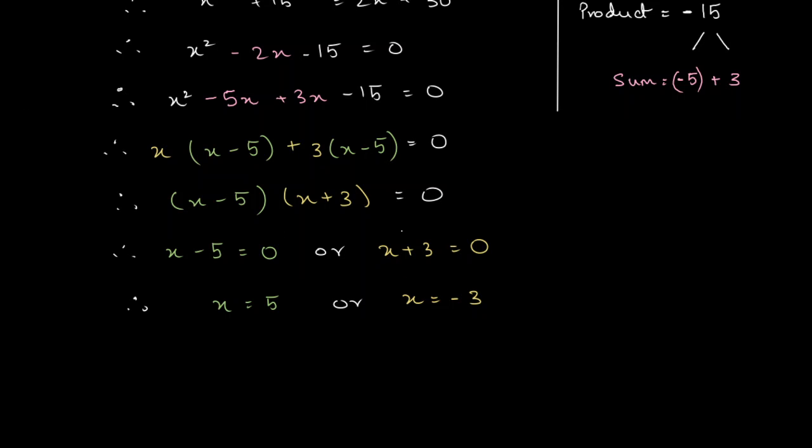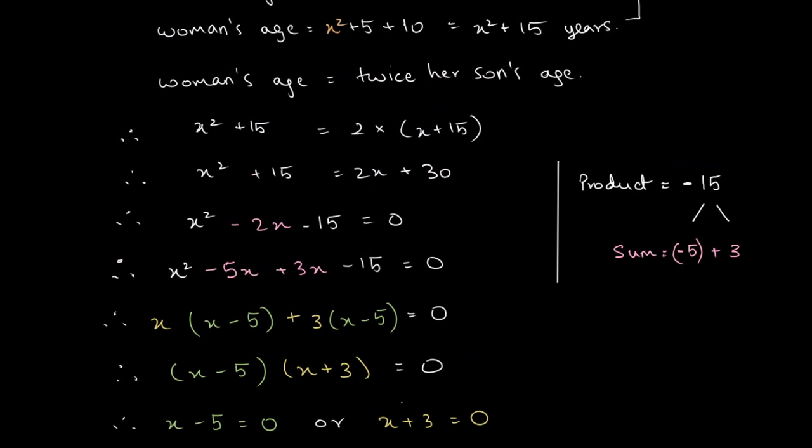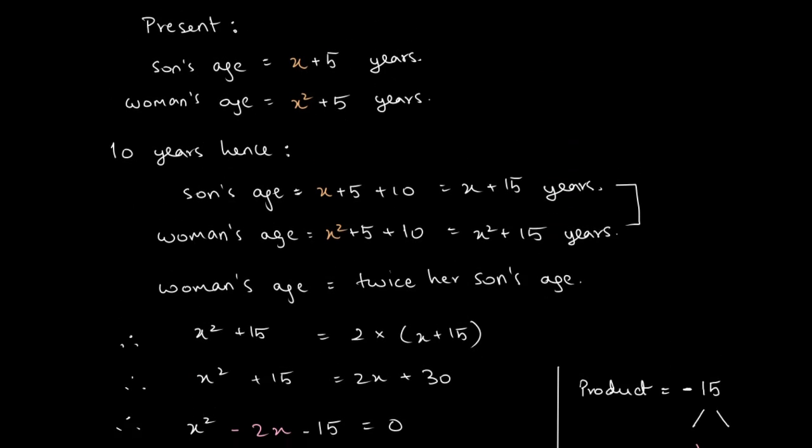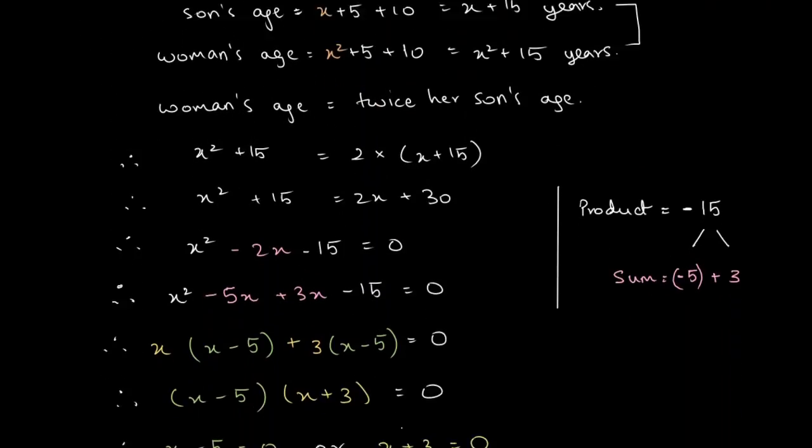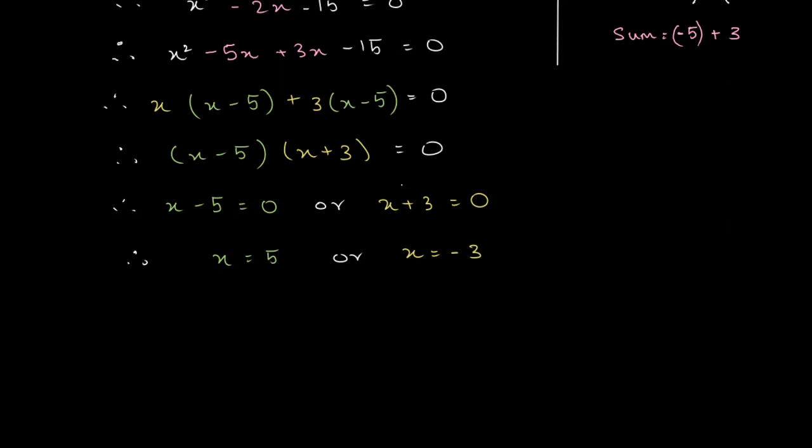Right. Now, a question you could ask yourself is, are both these answers valid? In our experience, generally one of them is invalid. And what does x actually describe? The age of the son 5 years ago was x years, right? Anyone's age can never be negative. You can never be minus 3 years old.